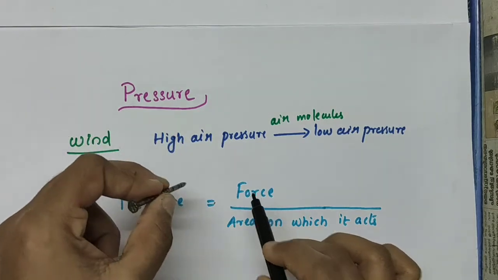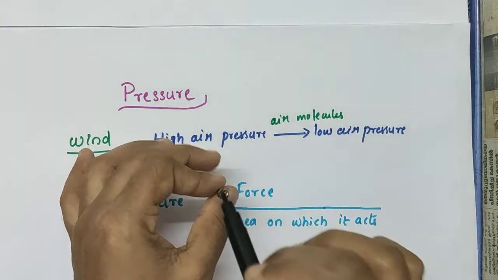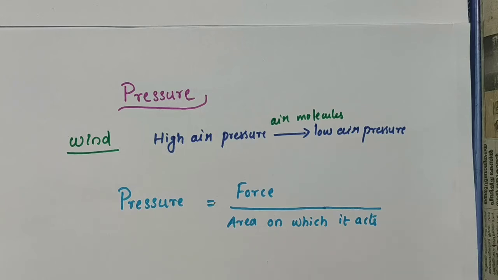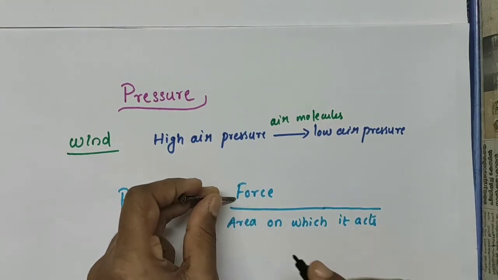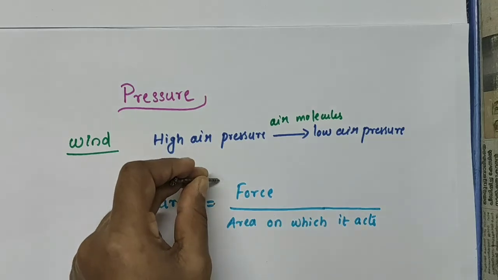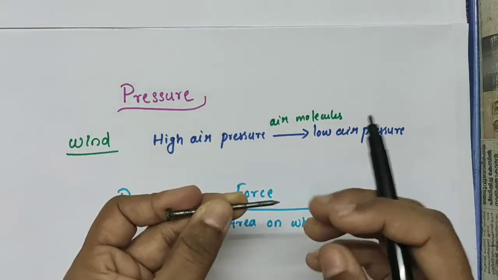Then there is the force that we apply on this surface using a hammer or whatever it is. When we place this pointed end on a hard surface, the area of contact is less because this pointed end has less area.